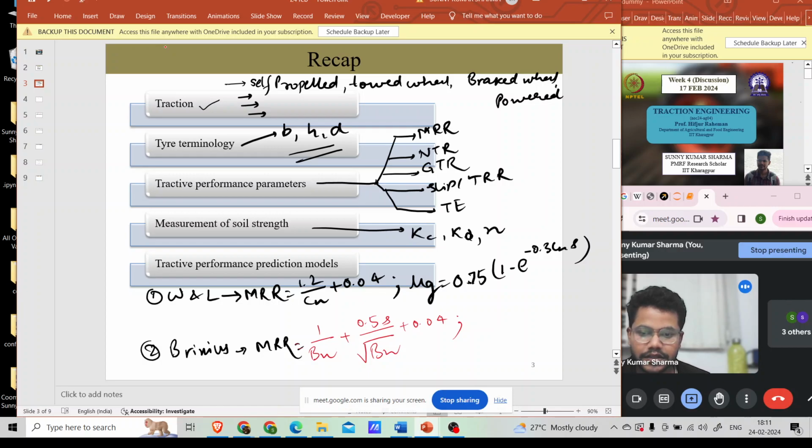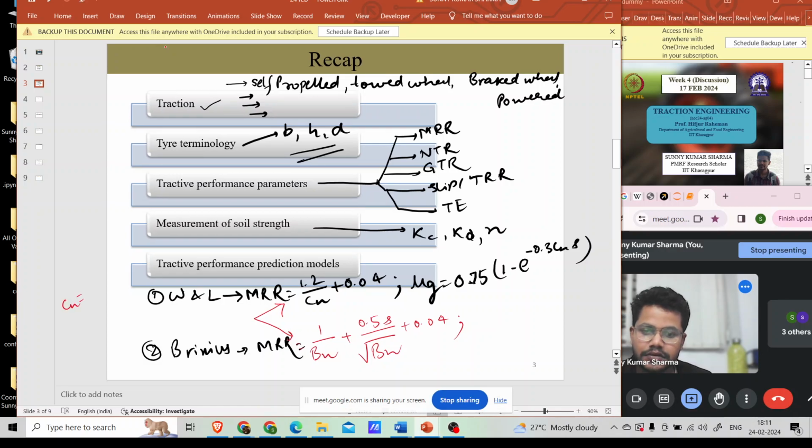What is the difference between wheel numeric and mobility number? What is the formula for wheel numeric? CI b d by W. And mobility number is CI b d by W into 1 plus 5 delta by h, the deflection will also come into action, and 3b by d.